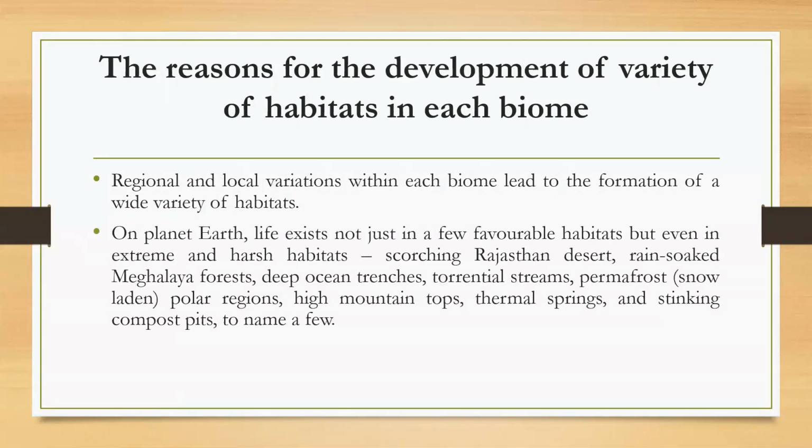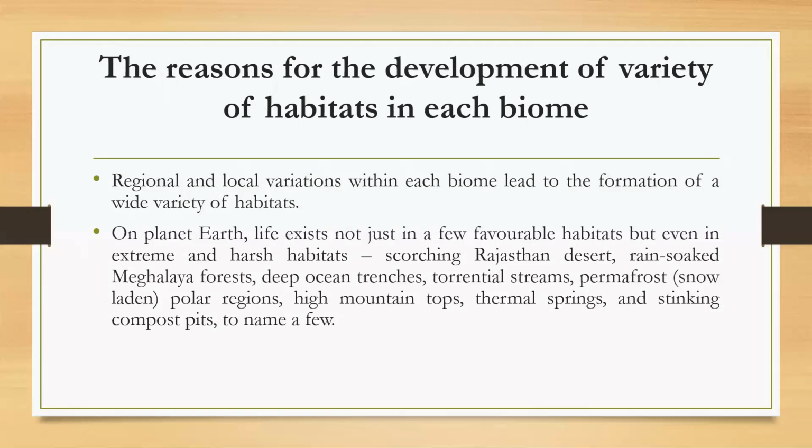On planet Earth, life exists not just in a few favorable habitats, but even in extreme and harsh habitats such as the scorching Rajasthan desert, rain-soaked Meghalaya forest, deep ocean trenches, torrential streams, the permafrost, that is the snow-laden areas, the polar regions, high mountain tops, thermal springs, and even stinking compost pits.